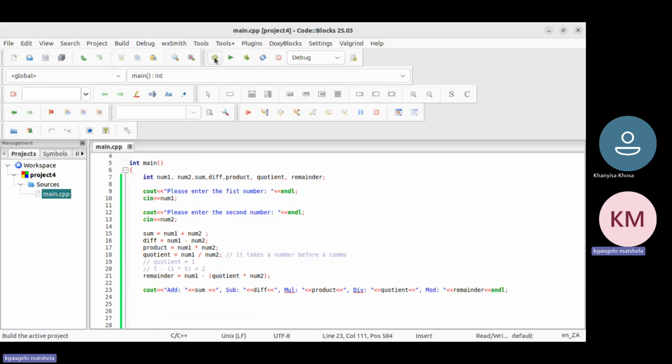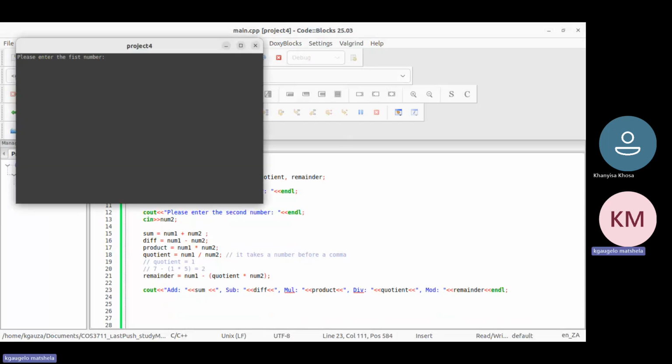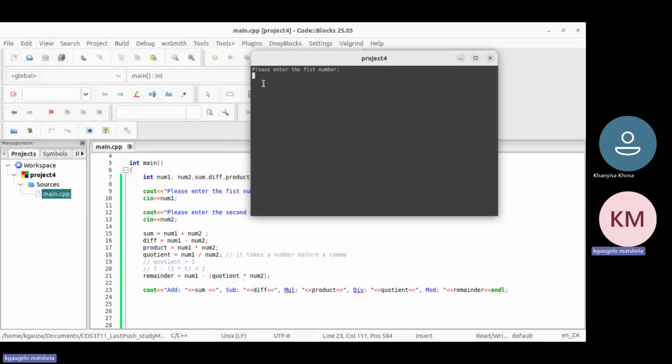Let me run it and show you the output. All right. So you have to enter the first number. As we were planning to, let's say we have 7 and 5.